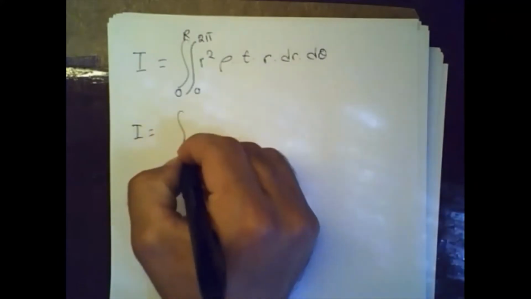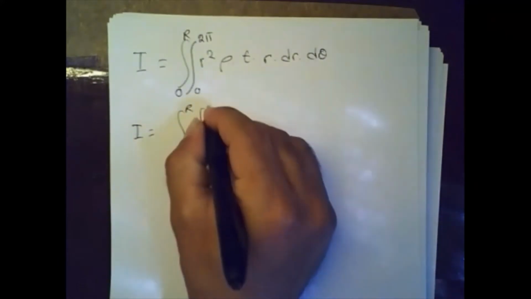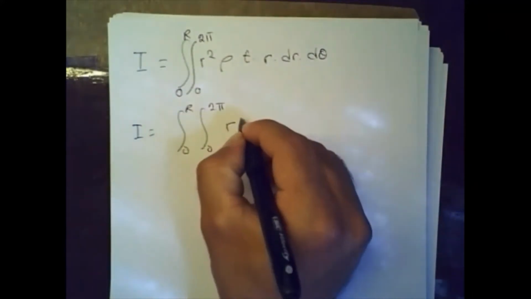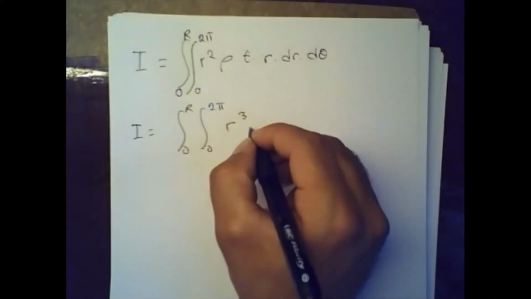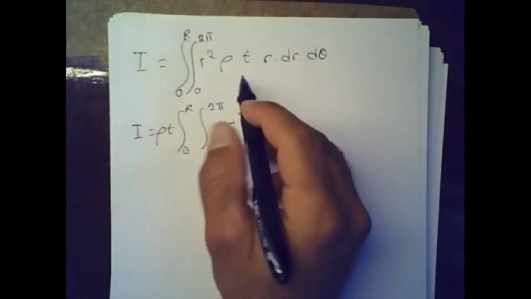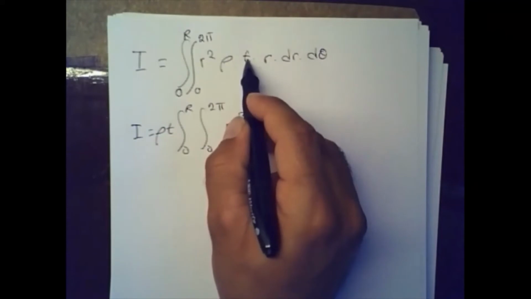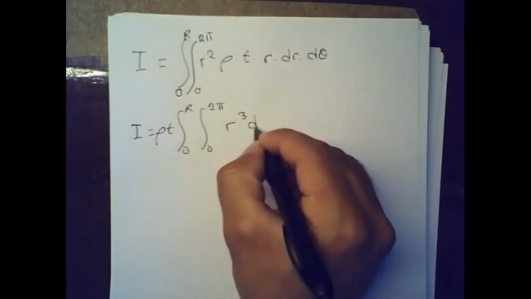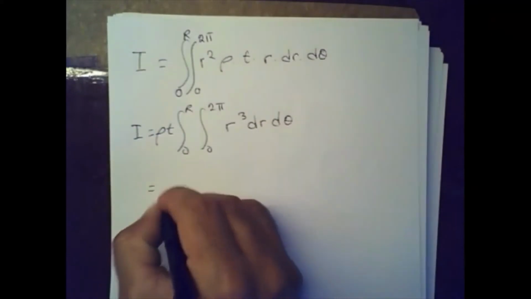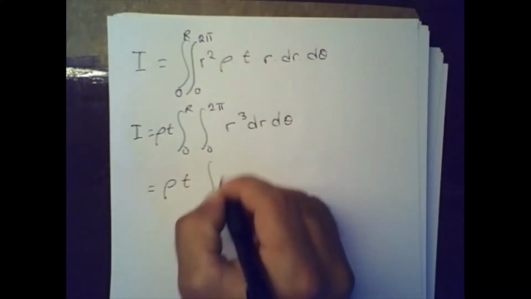Let me re-expand this a little further. 0 to 2 pi, you know that you have r squared and an r, so it's going to be r cubed. And rho and t are constant, so I can bring them before the integral.